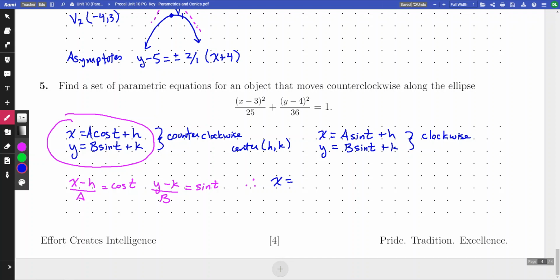So therefore, the equations that I want, that are the parametric equations to move counterclockwise along my ellipse, will be x equals, let's see here, no, because we're going to have the square pieces. So we're going to have this squared equals cosine squared, and this squared equals sine squared.